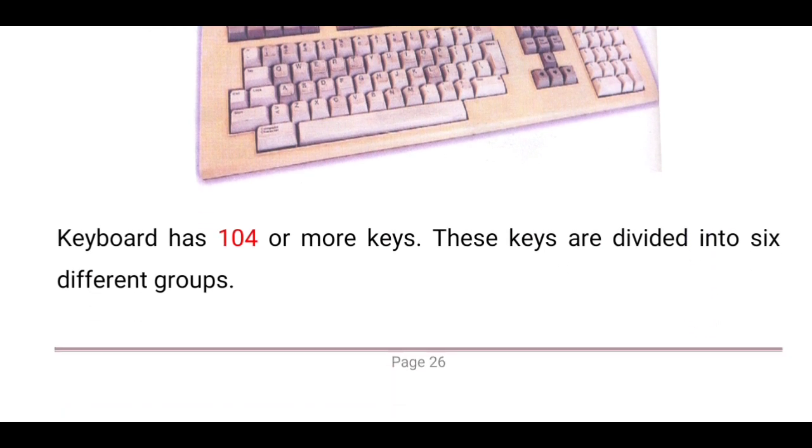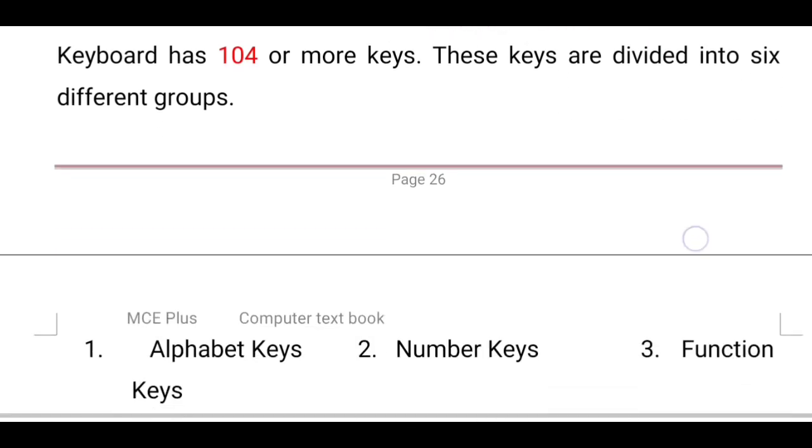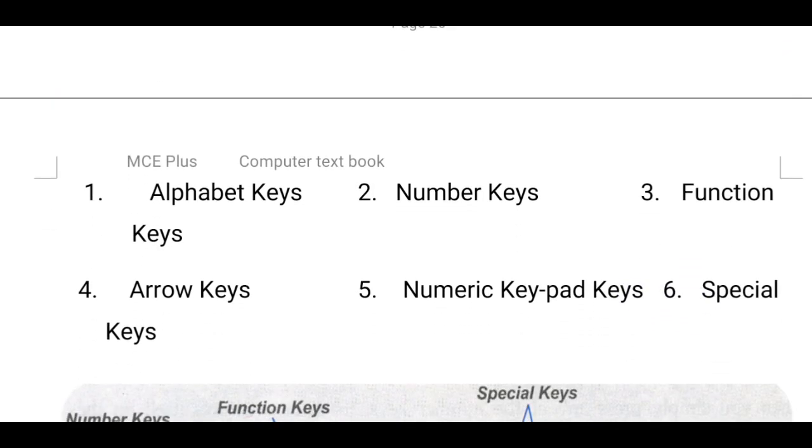Keyboard has 104 or more keys. These keys are divided into 6 different groups. The first keys of the keyboard are alphabet keys. Alphabet keys start from A up to Z. Second, number keys.